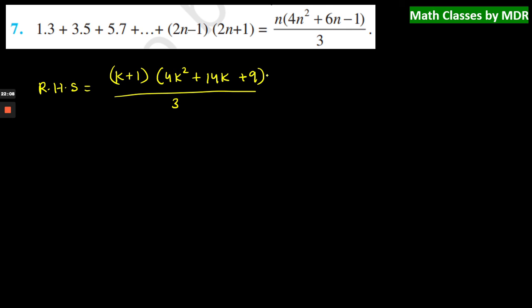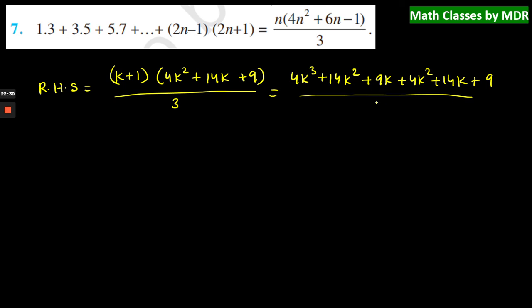Now multiply this, you will see that k into 4k square is 4k cube plus k into 14k is 14k square plus k into 9 is 9k. Now 1 into 4k square is 4k square, 1 into 14k is 14k plus 1 into 9 is 9. I have taken the multiplication directly.